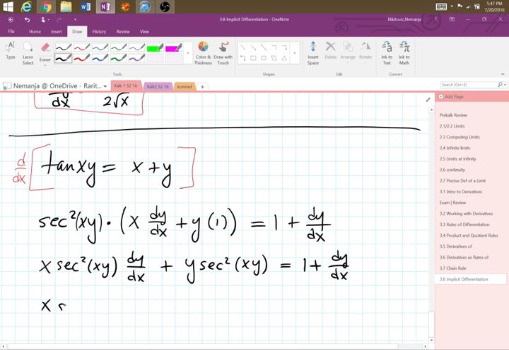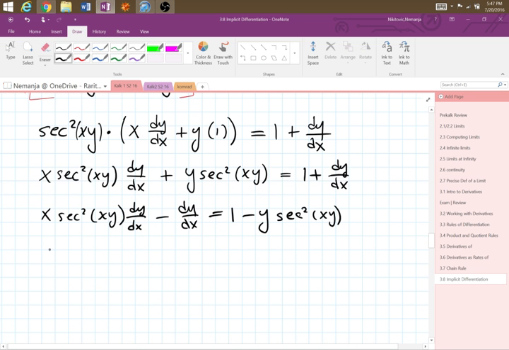So x secant squared xy dy/dx stays on the left, minus dy/dx moved from the right is equal to 1 minus y secant squared xy moved to the right.